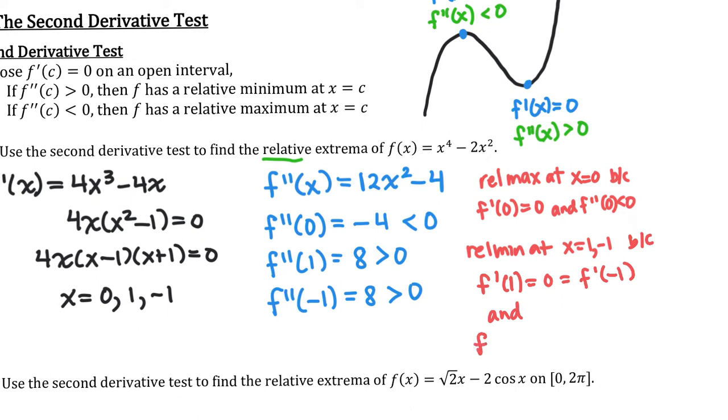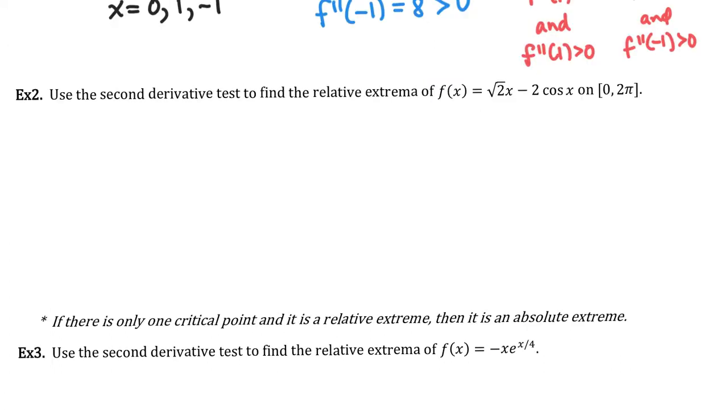And f second prime of 1 was greater than 0, and f second prime of -1 was also greater than 0. So second derivative test: first derivative equals 0, and then the second derivative is positive or negative, which tells me whether it's a relative minimum or maximum.